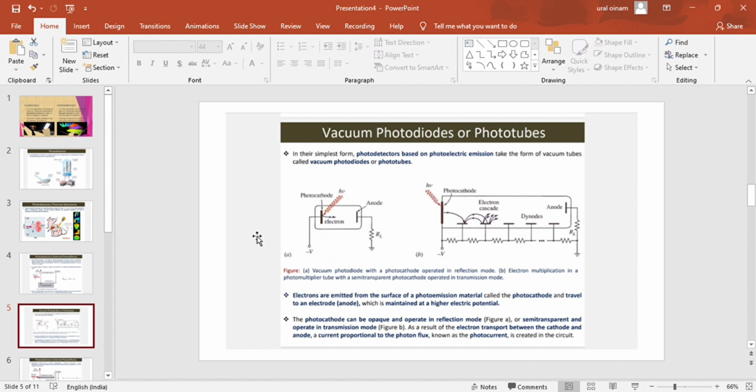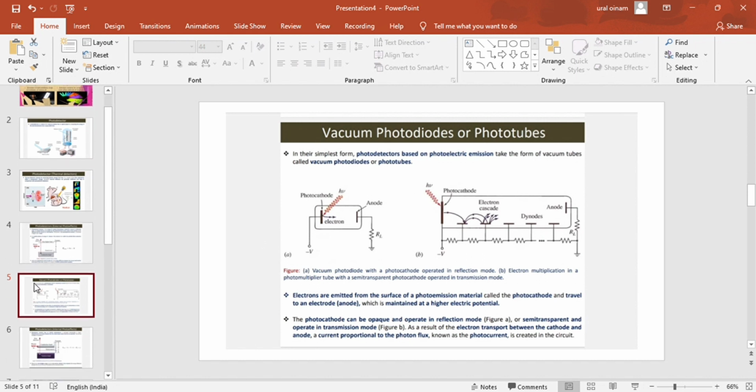But when we shine light onto it, the electrons in the cathode absorb this incoming light, get excited, and move out of the material and go towards the anode, completing a circuit, and then current starts flowing in the setup. So these are also known as photodiodes or phototubes, and we also have the cascading phototubes.